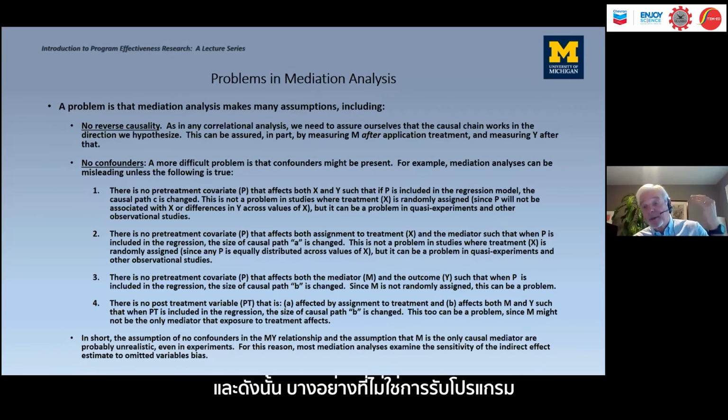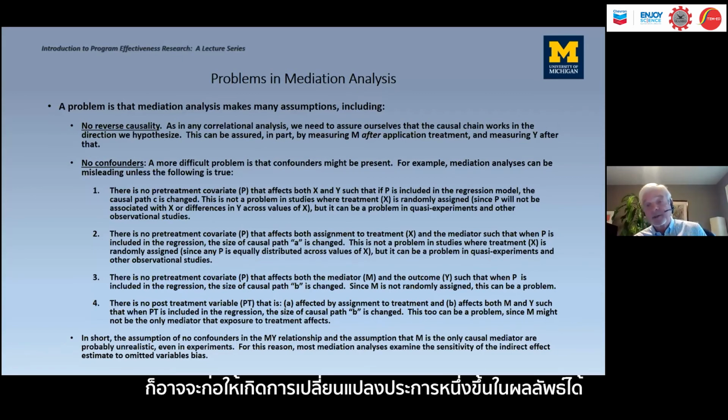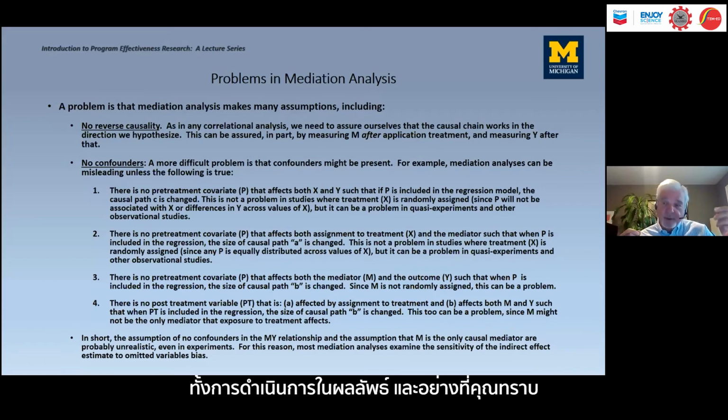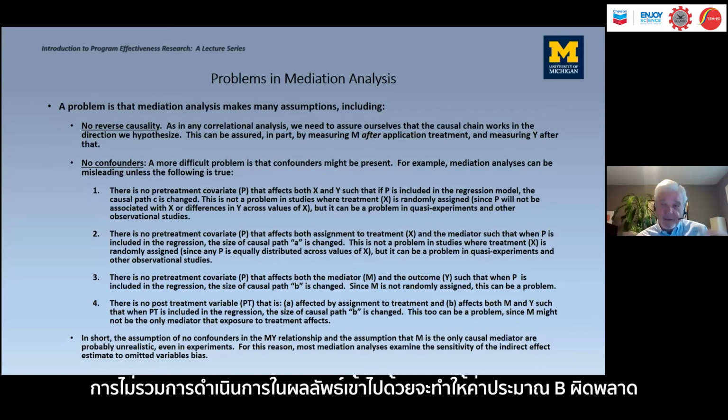And so something other than the treatment could be causing a change in the outcome. And failure to include that something in some other variable could be accounting for both the implementation and the outcomes, and not including that makes your B estimate wrong.